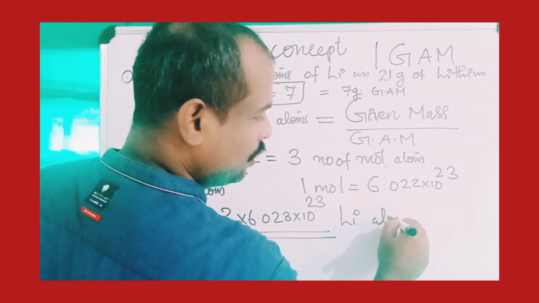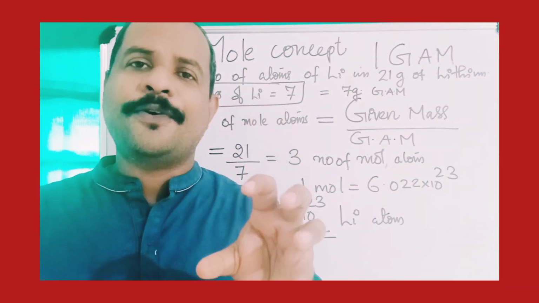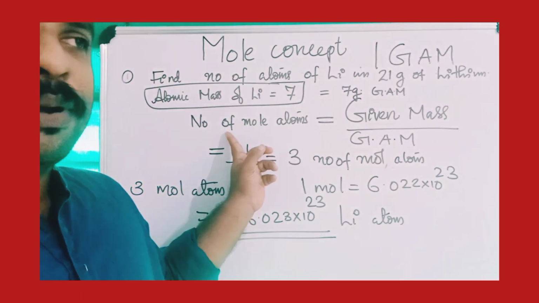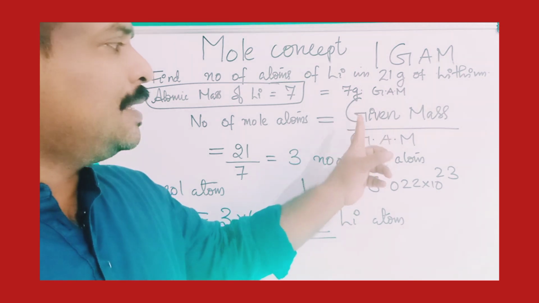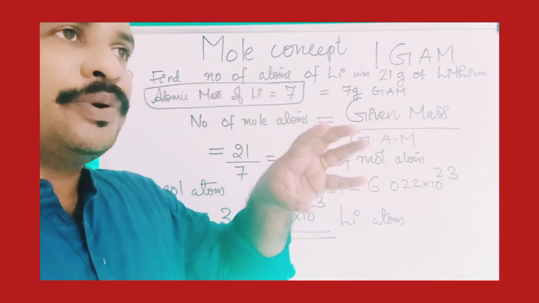First of all, you find the number of mole atoms. How can we calculate the number of mole atoms? The given mass divided by the GAM of the corresponding element, which is equal to its atomic mass.